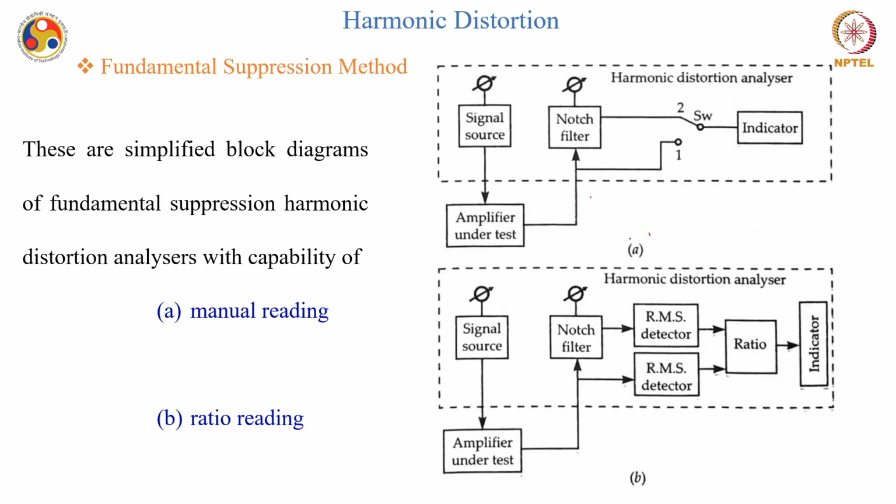These two, figure A and figure B, okay, are the simple block diagrams of the fundamental suppression harmonic distortion analyzer. Figure A, if you see, has the capability of manual reading of the total distortion, while figure B has the capability of measuring the ratio of the two, the fundamental and the harmonic.